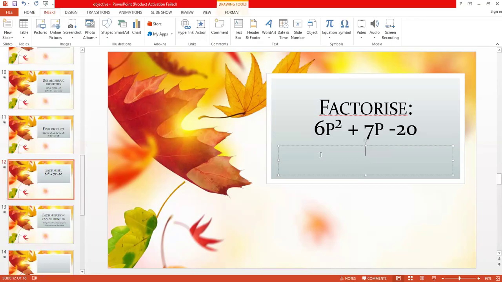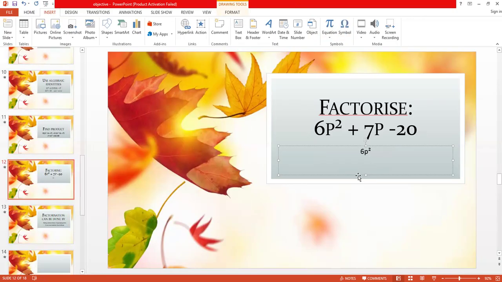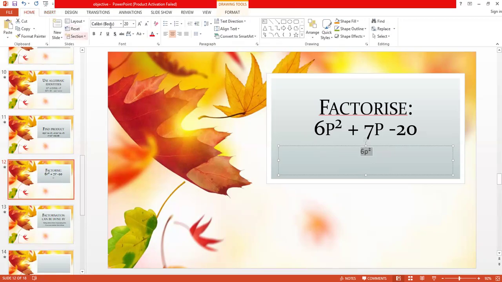Look here. I have to write 6p square. Next we come to the sign of the greater number, plus.